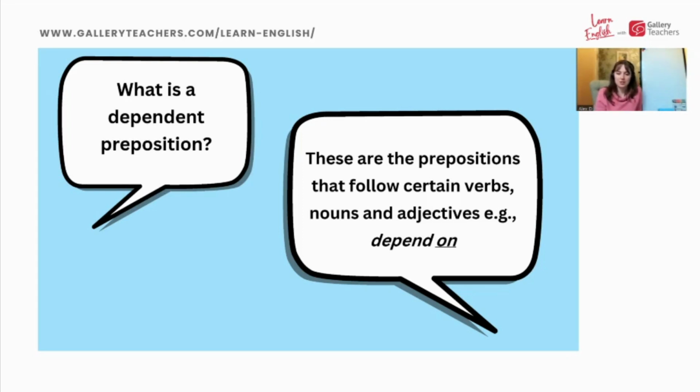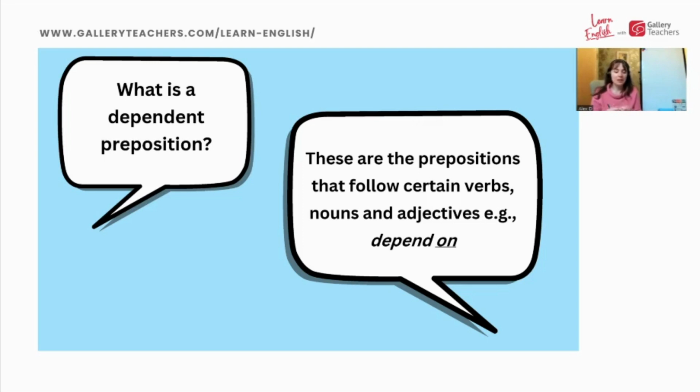On, the preposition, comes after depend. And this happens frequently and naturally in English. That's how we know we're looking at a dependent preposition, because it's the preposition that really naturally and frequently in the language follows a verb, noun, or adjective.